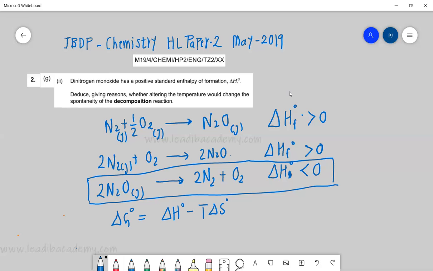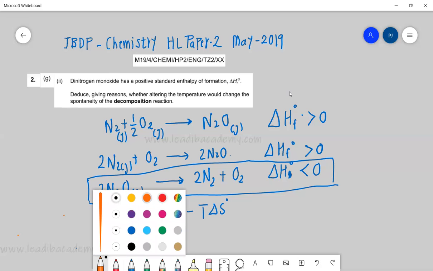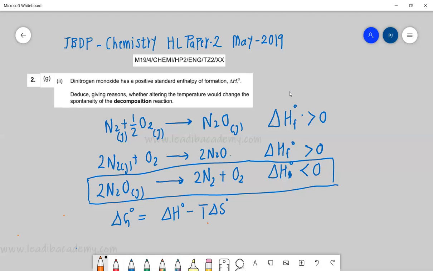Now what is interesting? In this case delta H naught, as we have already seen, is negative. And what about delta S for this reaction?